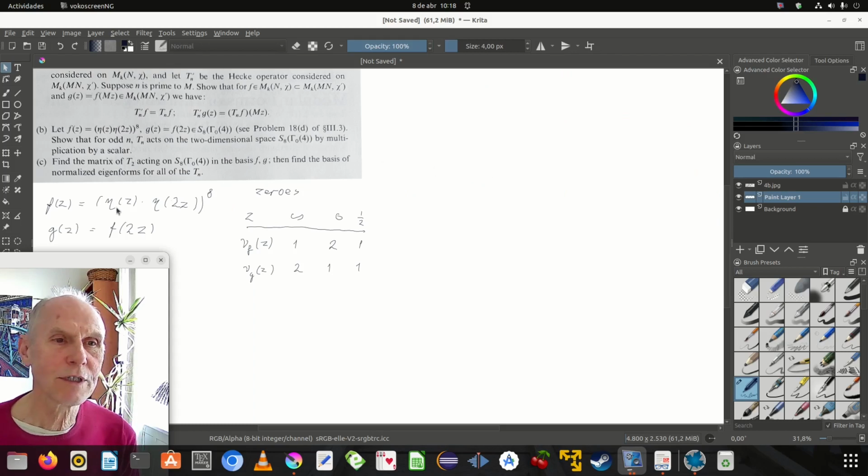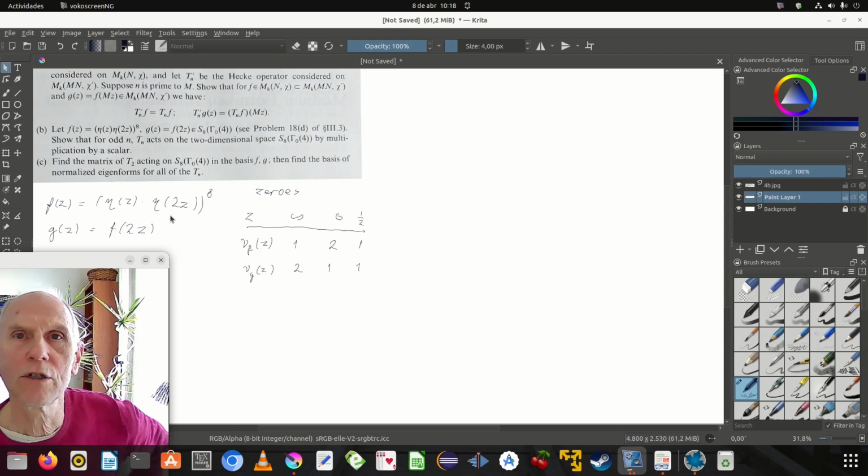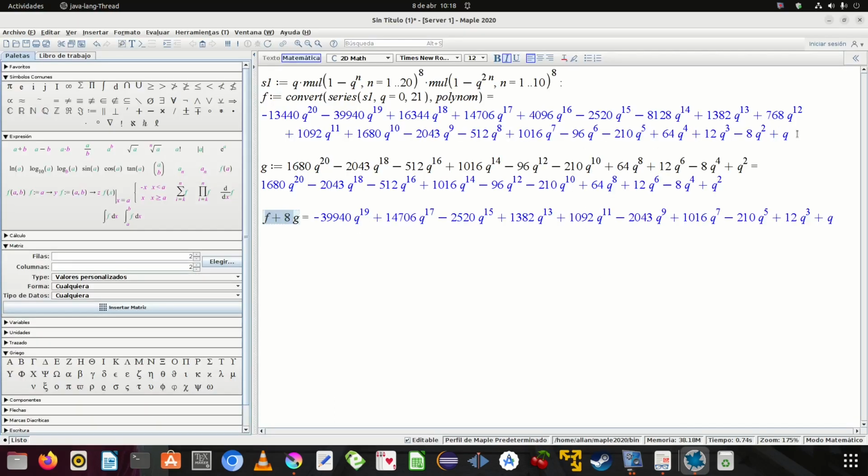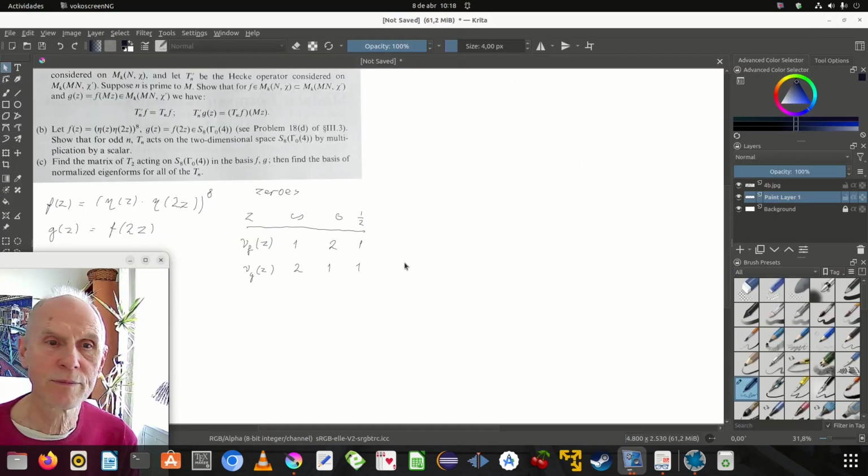Next, I wanted to check out what were the orders of the zeros. We know that eta has no zeros in H, so the only zeros are at the cusps. And the zero at infinity, that follows from the series expansion. It has order 1, and of course G has order 2.